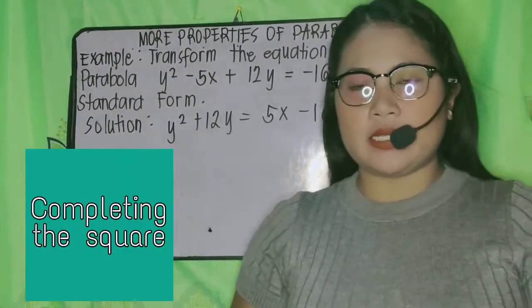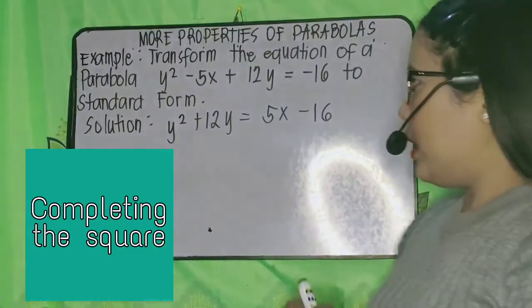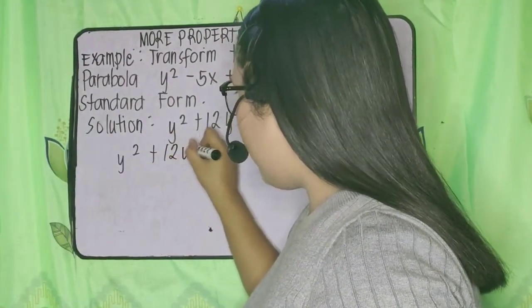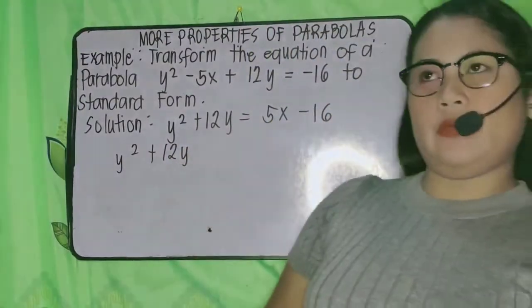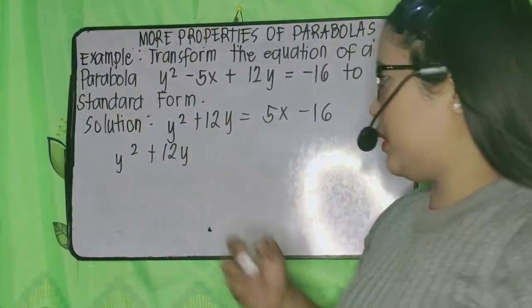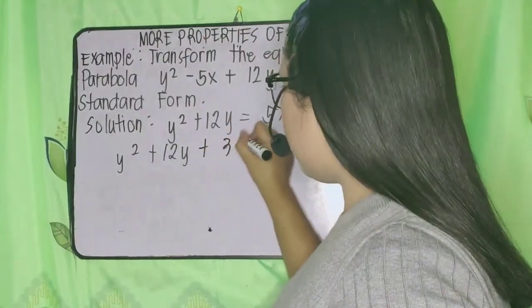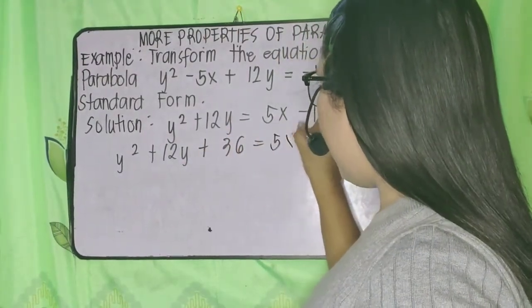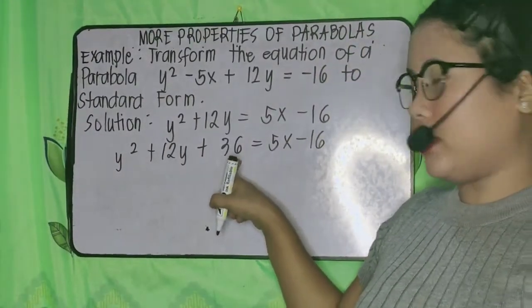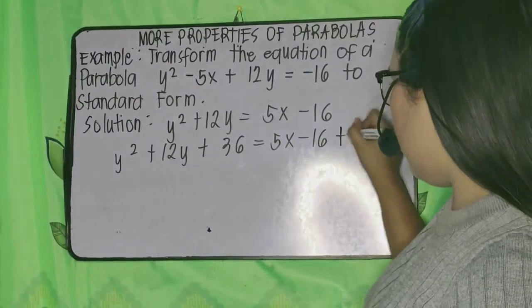So negative 5x transposed, it would be positive 5x, then copy negative 16. And the next step, completing the square. So y squared plus 12y, half of 12 is 6, so 6 times 6, we have 36. So plus 36, copy 5x minus 16, then if we add 36 here, we're going to add 36 here also.